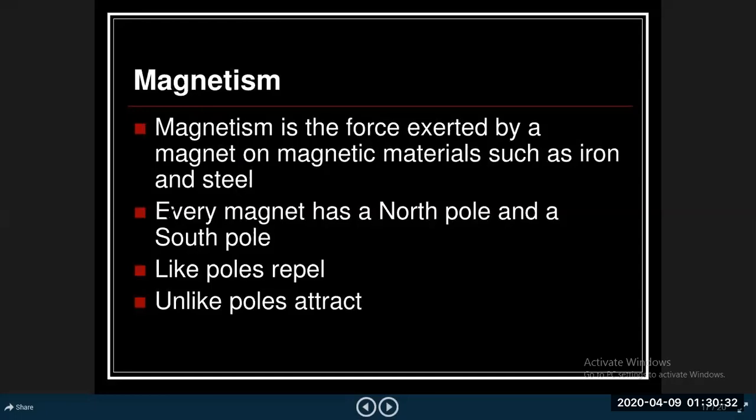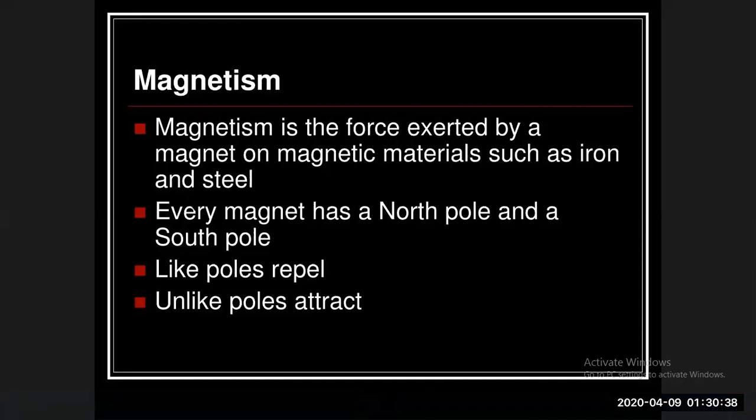Next force is magnetic force. This force is also a non-contact force. This is a type of force which is exerted by a magnet on a magnetic material such as iron, nail, and steel.